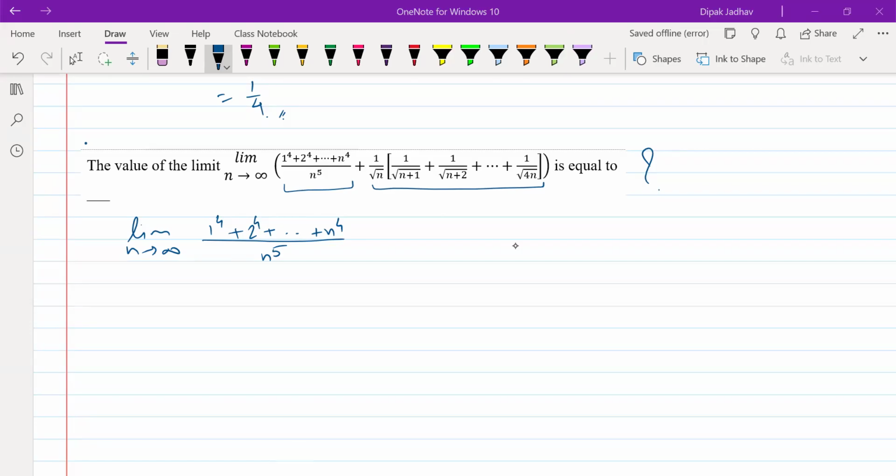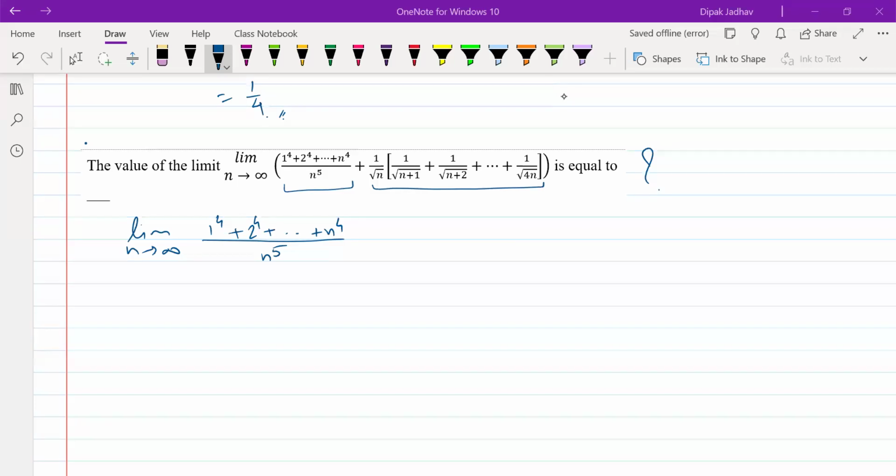Let us focus on the first part of the limit. There's something in the numerator and something in the denominator. Have you seen this kind of limit? Yes, sir. So how will one go about this?